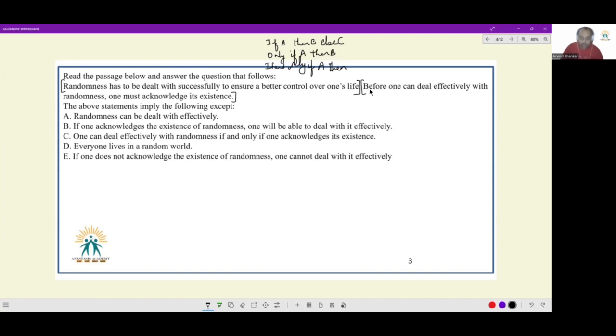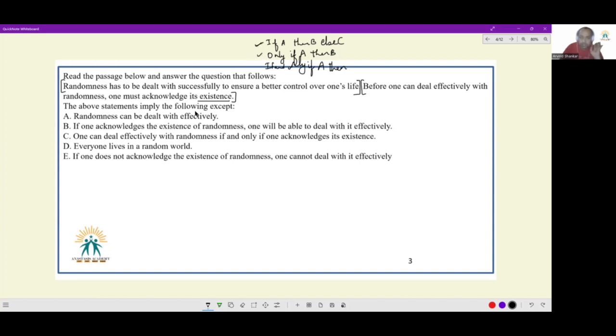Essentially, what we're saying is, until the time you acknowledge the existence, you cannot deal effectively with randomness. If you do not acknowledge existence, you cannot deal effectively with randomness, or this is a necessary prerequisite. This is a necessary prerequisite for the subsequent action to take place, which is an indication.